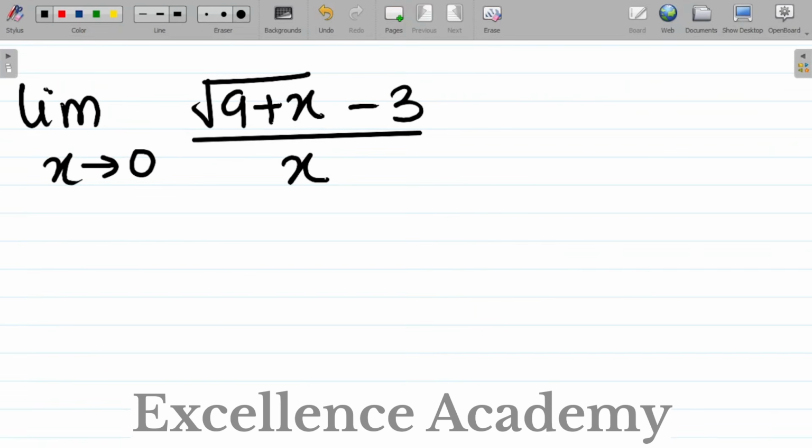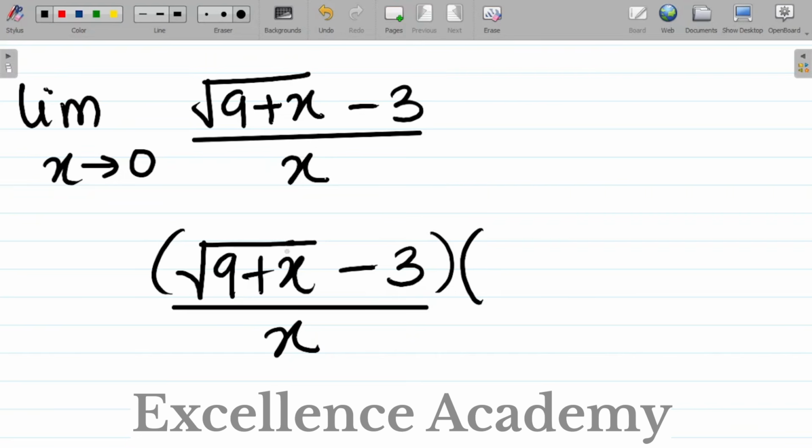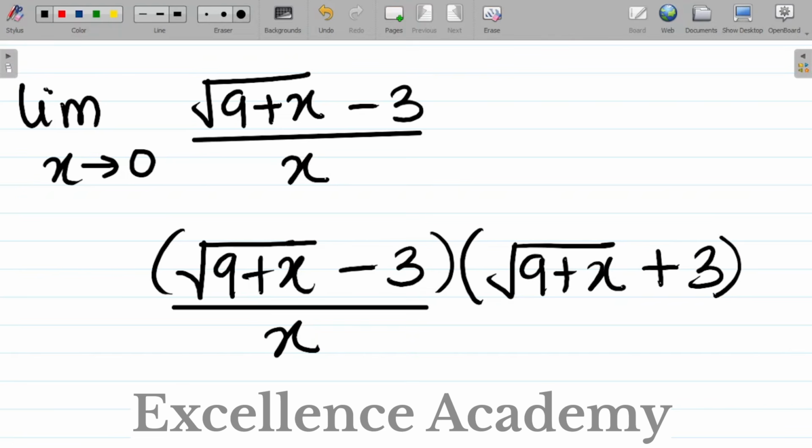Now, to solve this question, first things first, let me write down the question. Root 9 plus x, minus 3, all divided by x. You multiply the numerator by the conjugate of the numerator, which is simply the term in the square root sign, changing the sign from negative to the opposite, plus 3.